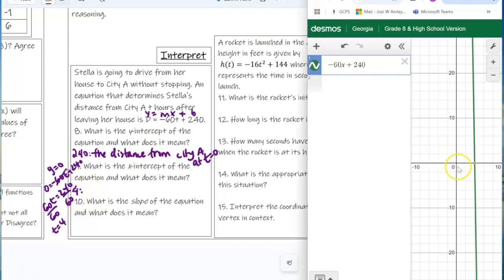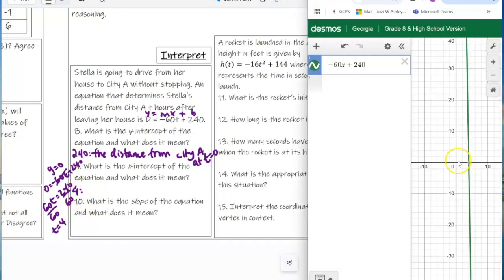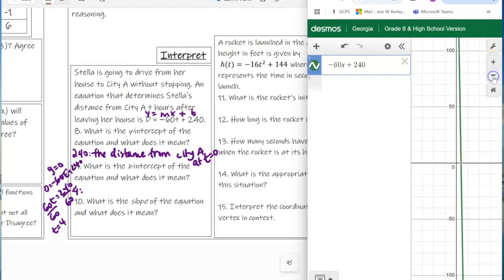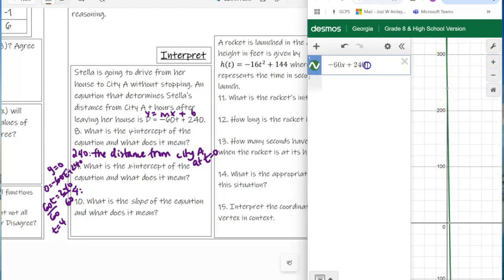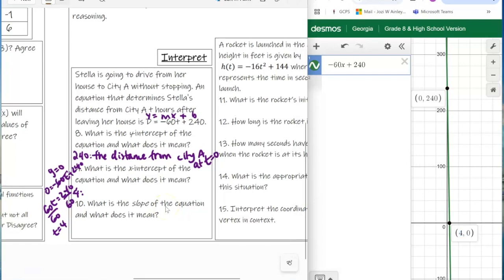What does this mean? Well, she started at 0, because I know her y-intercept was 240 at 0. Before she moved, she was 240 miles away. Then she starts moving until she gets here. What's happening at that point? Well, this is 4. It says t hours, so 4 hours, and I'm going to actually write the hours in here. 4 hours later, she is 0 miles or 0 kilometers, or whatever units they're using for distance.